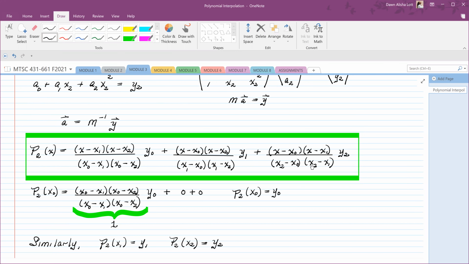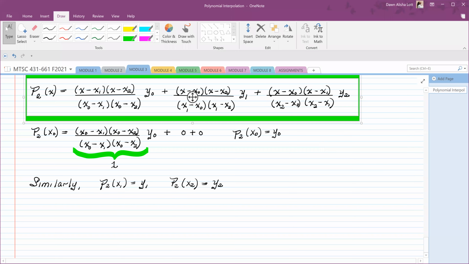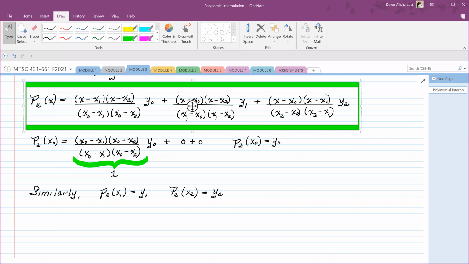All right, so we did linear and we did quadratic. Now suppose we have more than 2 points or more than 3 points. We're going to call this general interpolation.